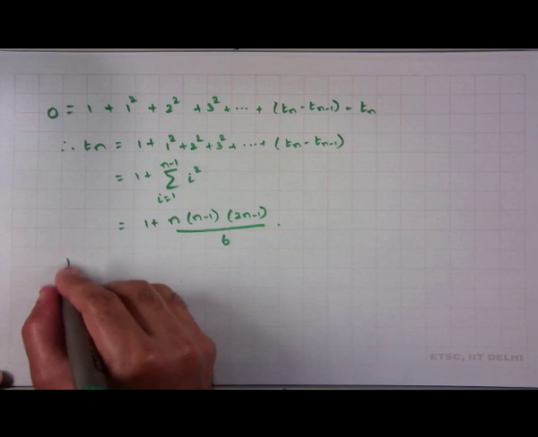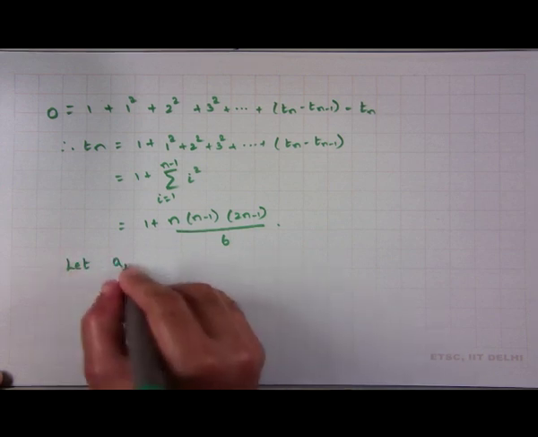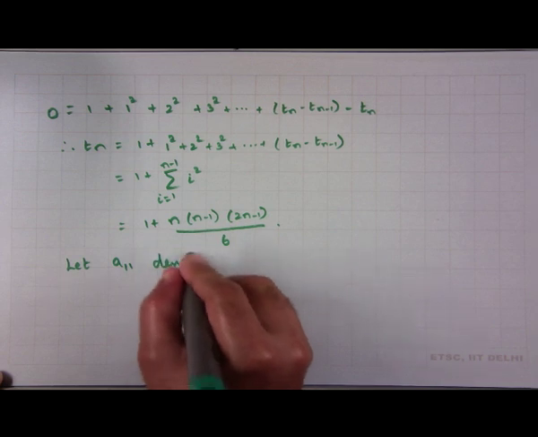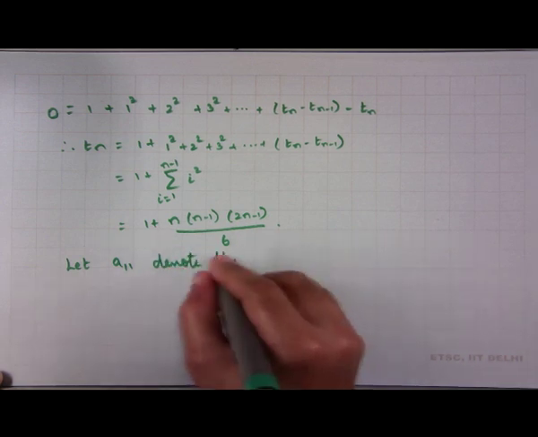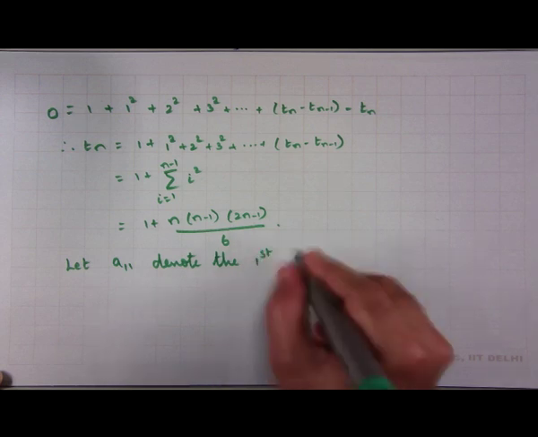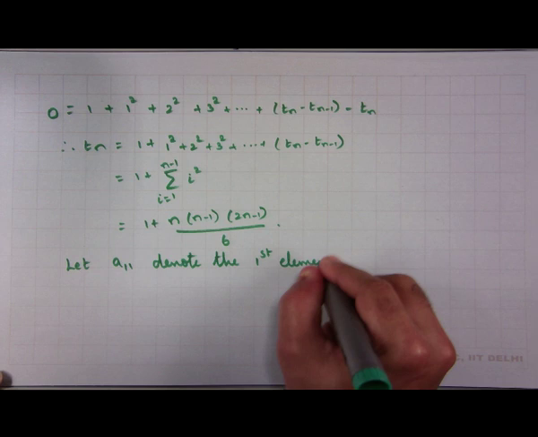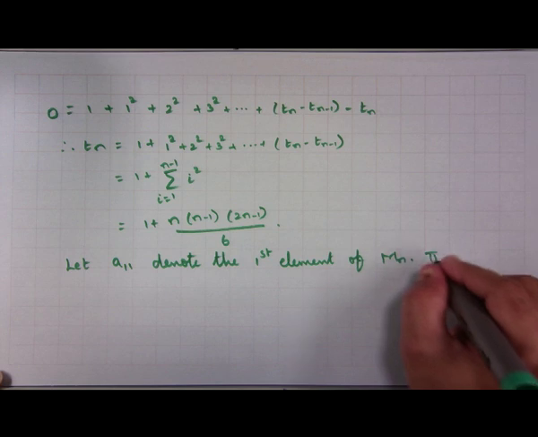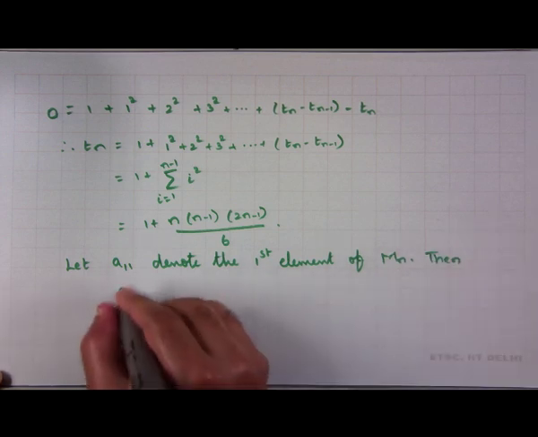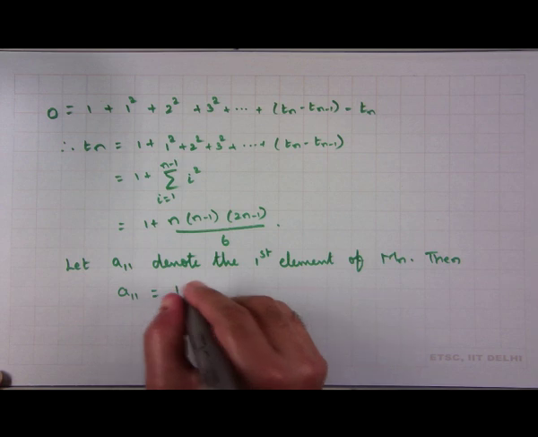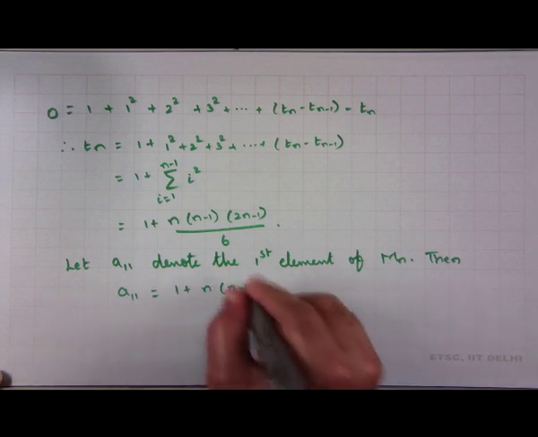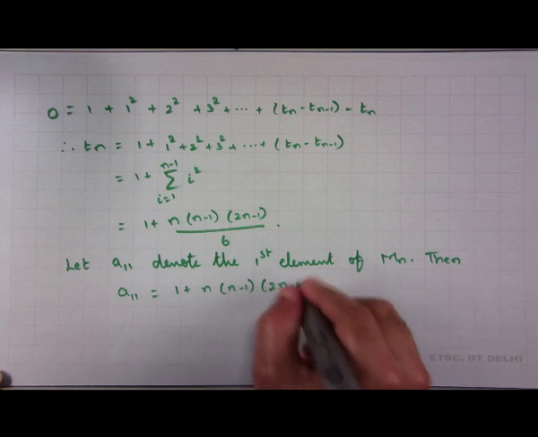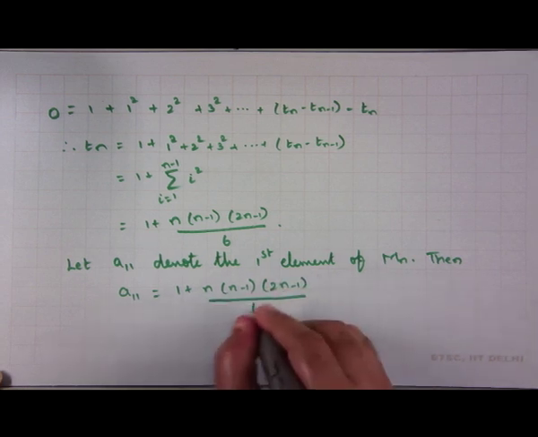Therefore, let a11 denote the first element of Mn. Then a11 is given by 1 plus n into n minus 1 into 2n minus 1 whole upon 6.